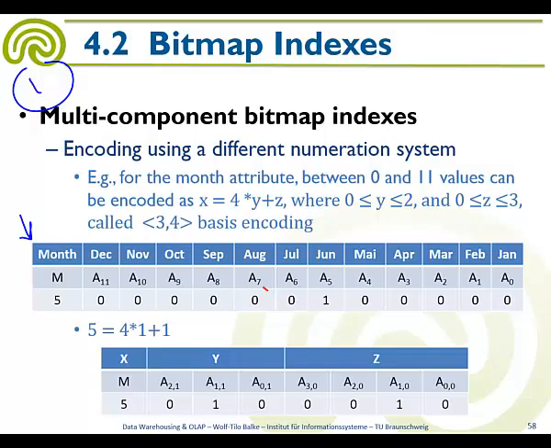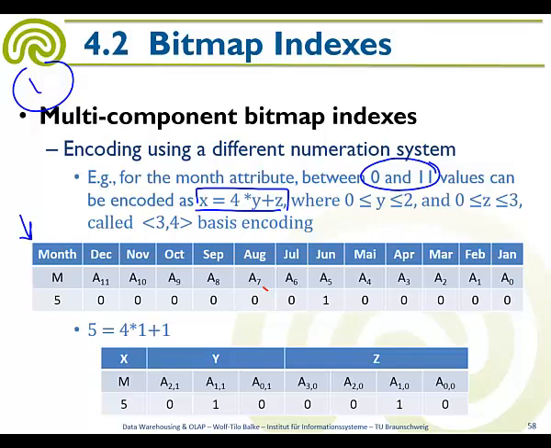Well, you can do that with a little bit of a mathematical trick. What you do is you say, okay, I'm actually going to represent the number. So we have now 12 months, and the values are now from 0 to 11. What we can do is represent each value with the help of two separate components.